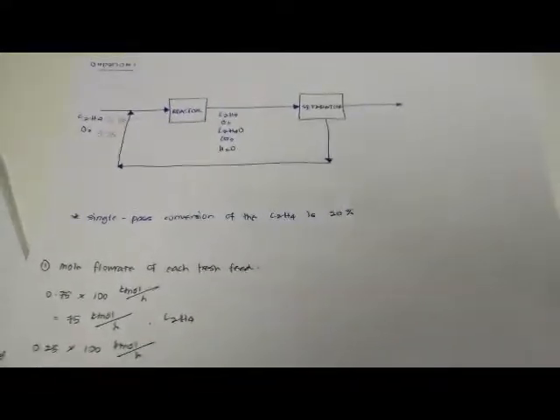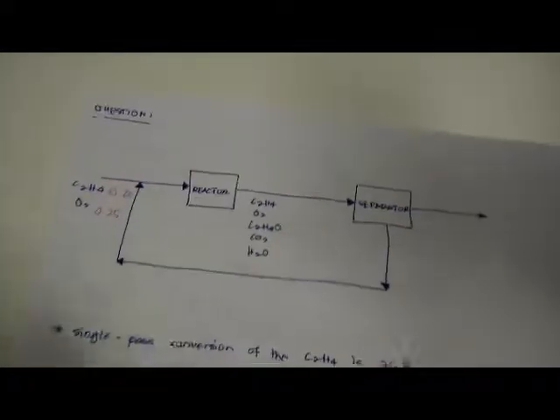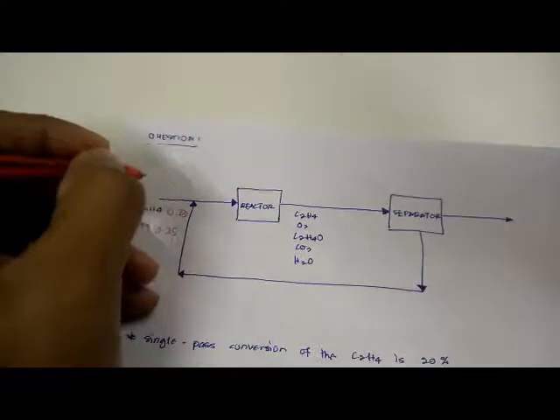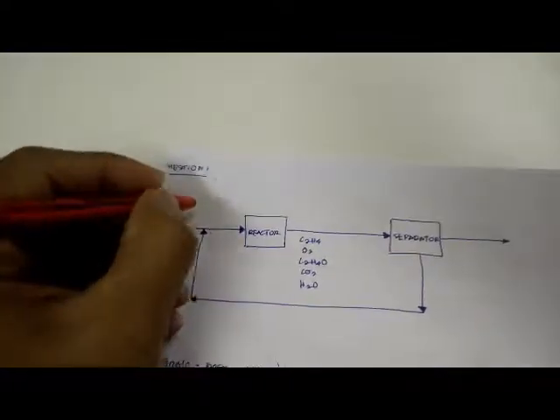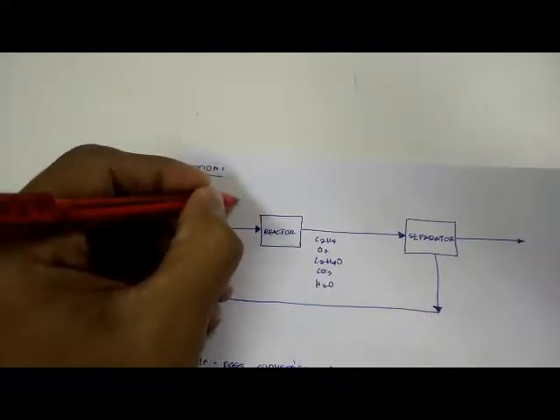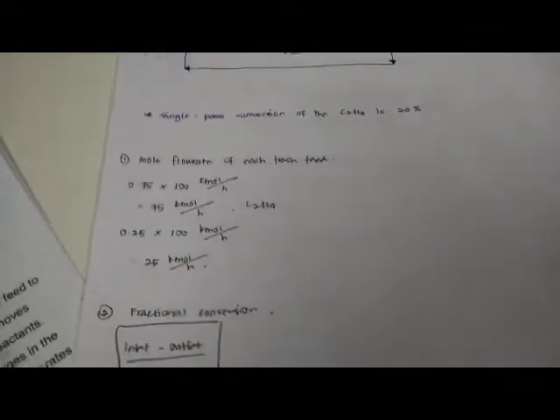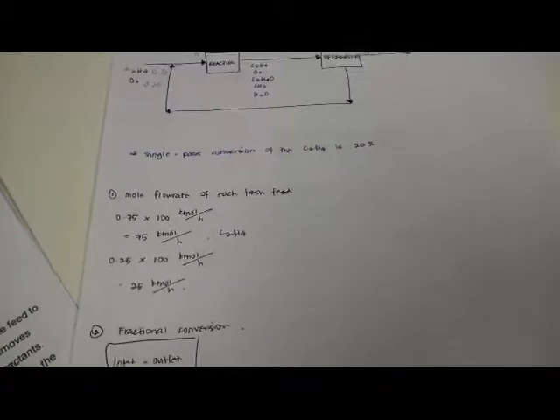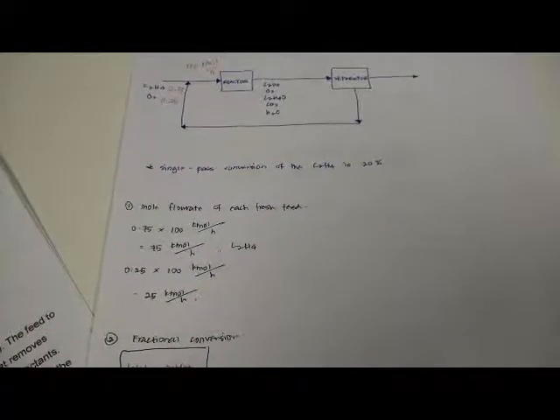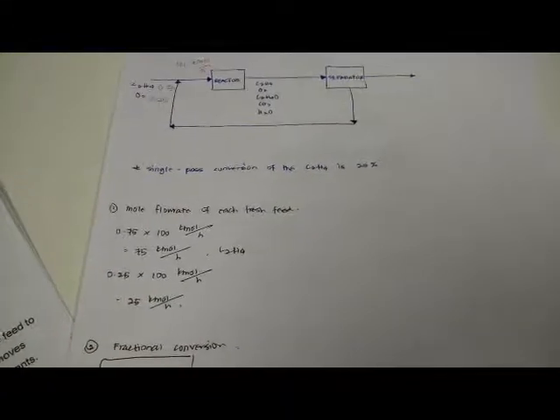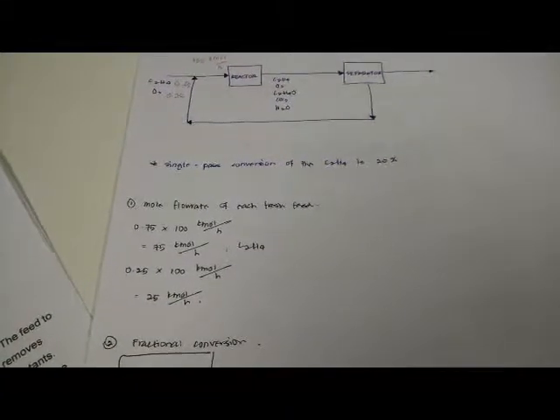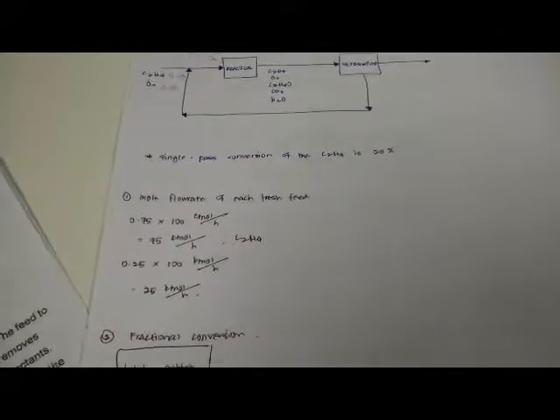We get it from the question, which states that the total mole flow rate is 100 kmol per hour. So we use that clue to find each of the components for the fresh feed.